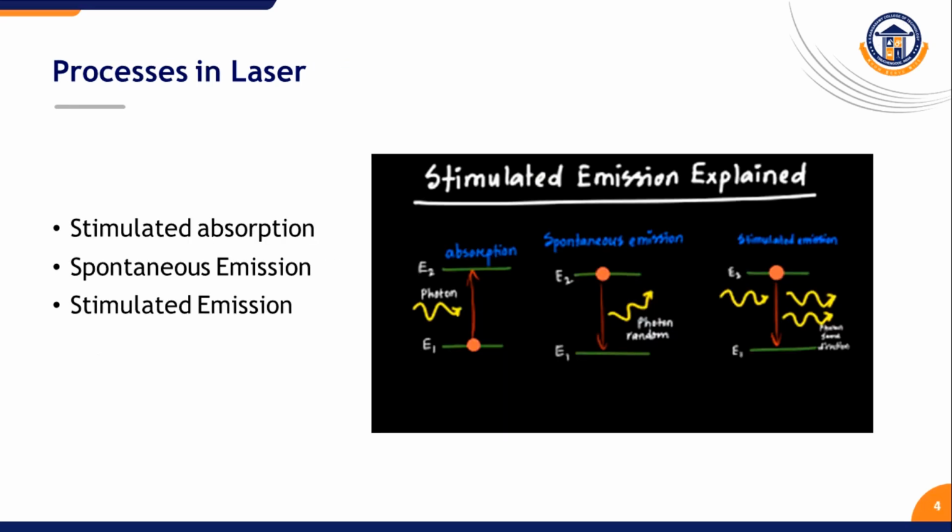Now let us see the processes involved in laser. Here the laser action depends on three basic processes: stimulated absorption, spontaneous emission and stimulated emission. Now let us see all these three processes in brief. First one is stimulated absorption. Here the atoms absorb energy from an external source and jump to a higher energy level.